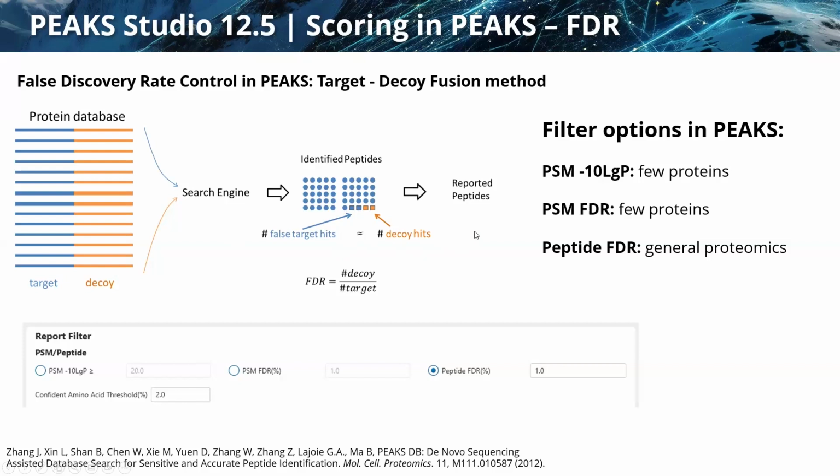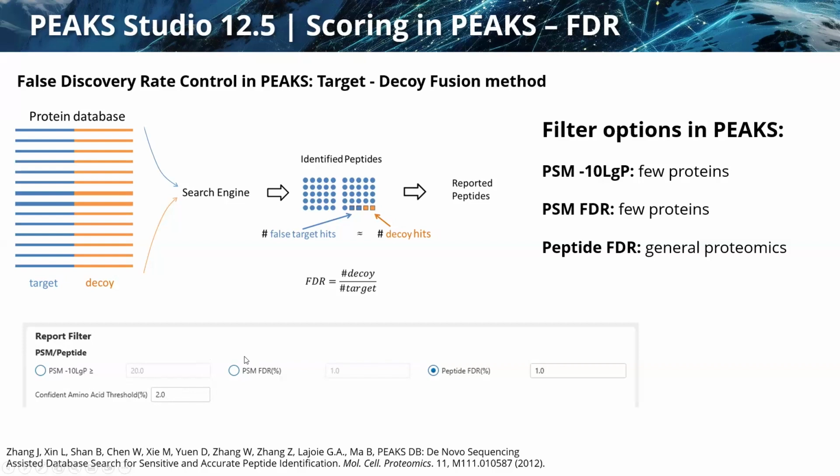So we offer a few different options for filtering in Peaks. So I'm just going to take a minute now to explain when you should use each option, what we recommend. So if you have an experiment where maybe you have only a few proteins in the database, maybe your sample is very pure, you're not getting very much variety in terms of the proteins, or if you're using maybe a small peptide database, we would recommend peptide spectrum match, -10 log P or FDR.